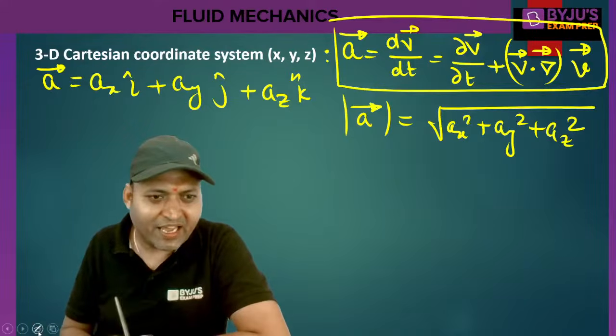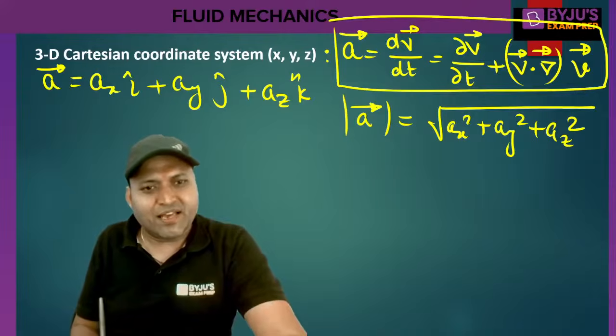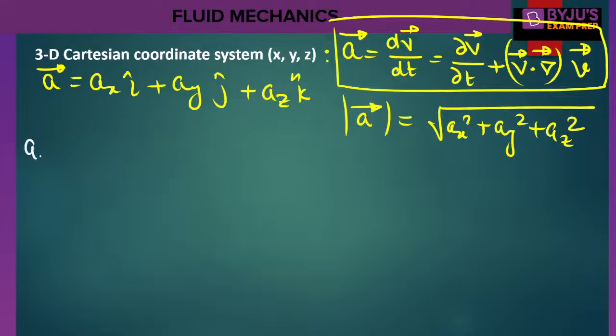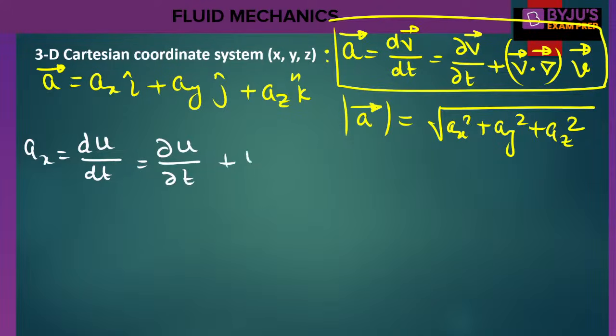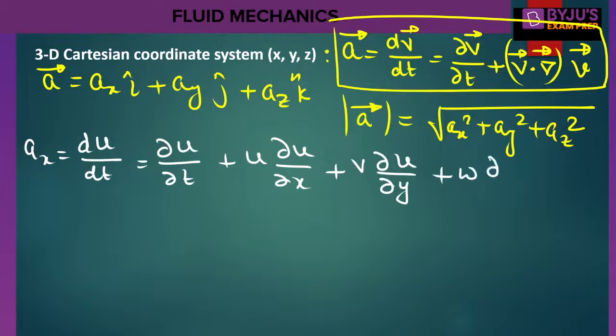What is ax, ay, az? Where ax is du by dt, or we can write it as del u by del t plus u into del u by del x plus v into del u by del y plus w into del u by del z. That is ax.